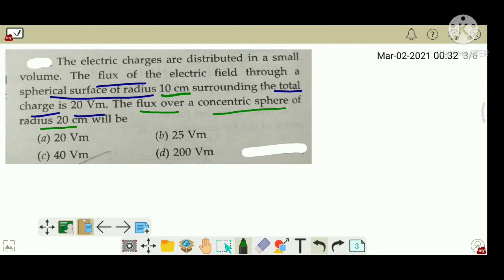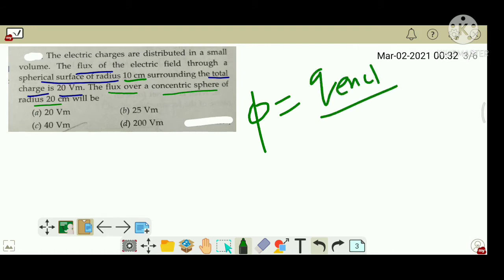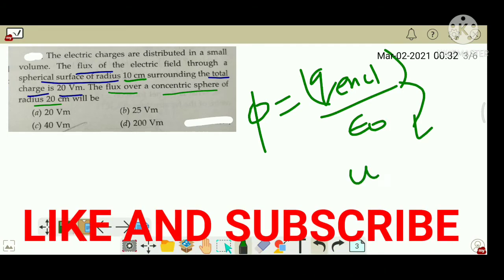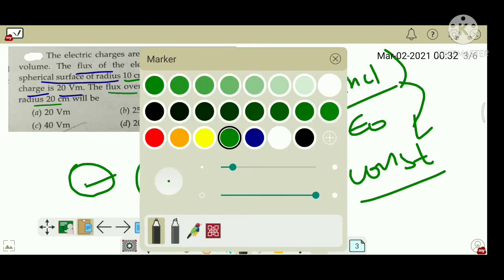We know that the formula of the flux is phi is equal to charge enclosed divided by epsilon naught. The charge enclosed remains constant. So if you change the shape and size of the Gaussian surface, whether small or big, if the charge inside it remains constant, the flux is going to be constant.